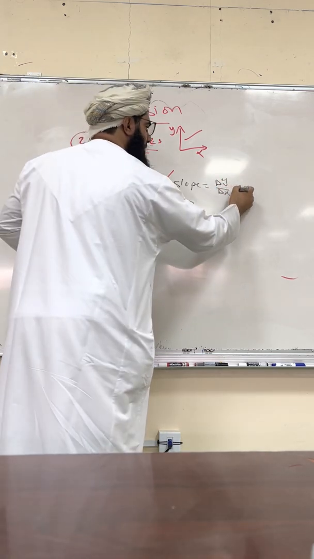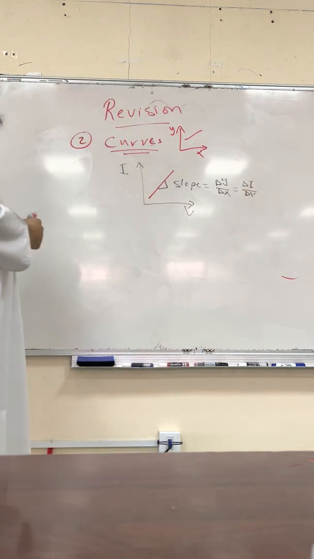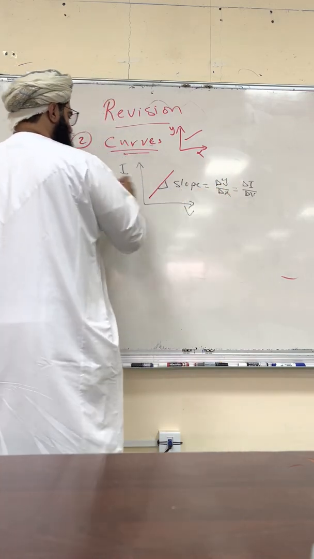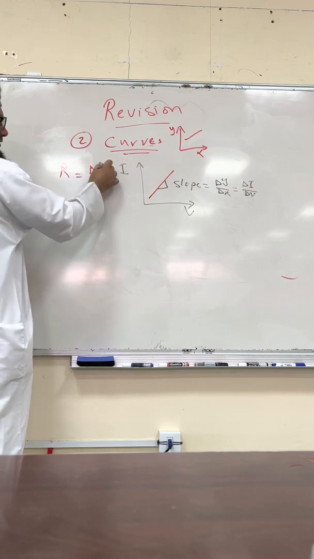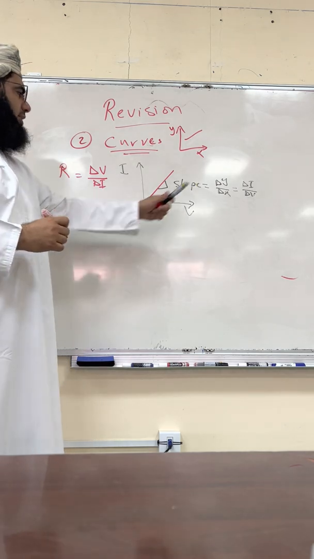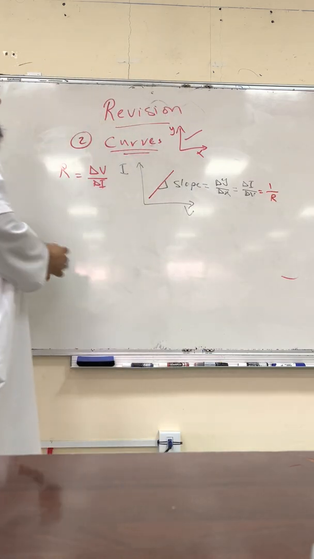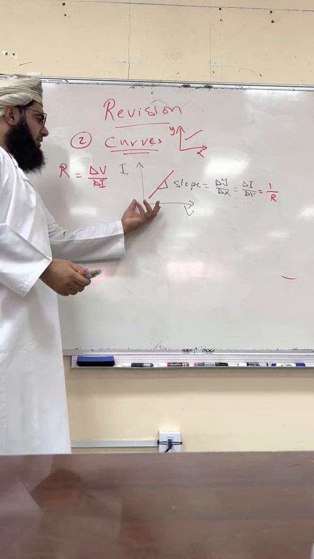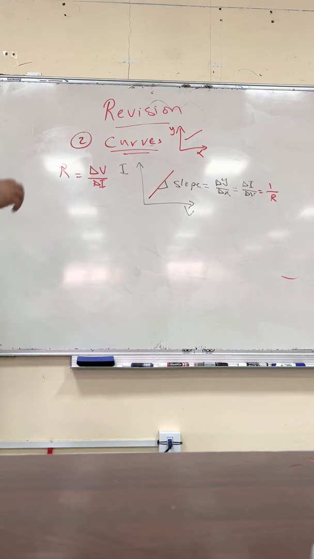In this case, it is delta I over delta V. But we know from physics that the resistance R equals delta V over delta I. So the slope in this case is just 1 over R. We need to read these curves or relations from the slope itself.